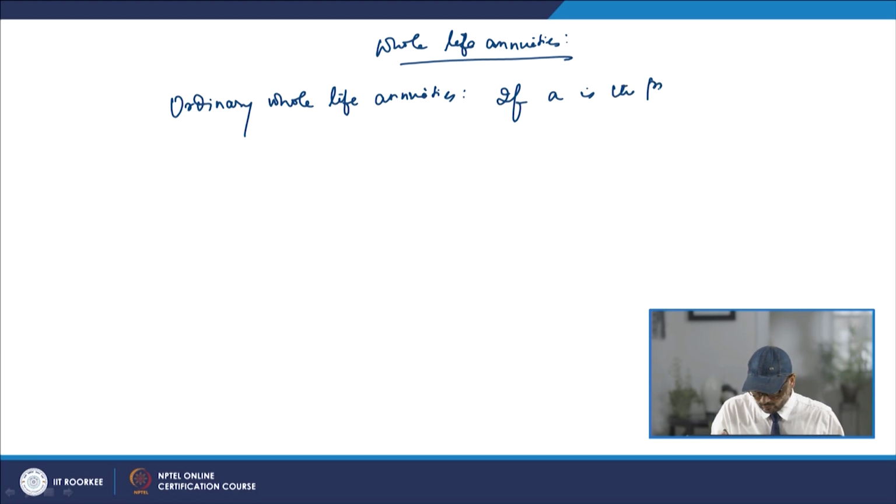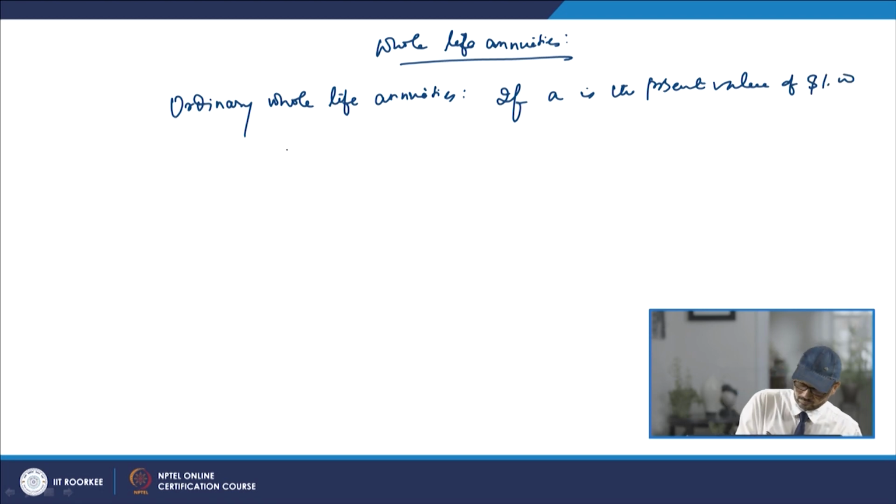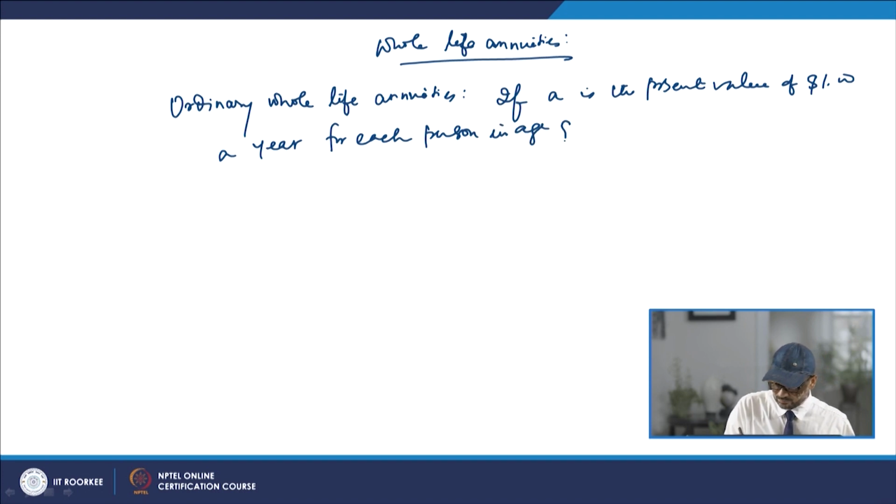the present value of $1 each year, for each person in age group x. So, the collective endowment in that case will be 1Ex plus 2Ex plus so on, and it will go up to 100-xEx.